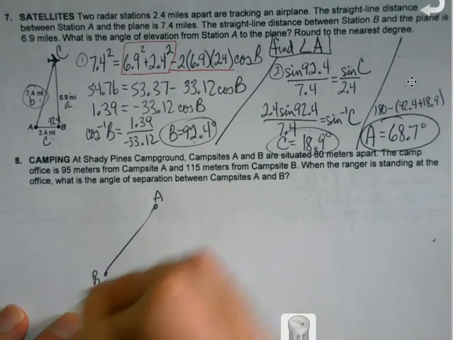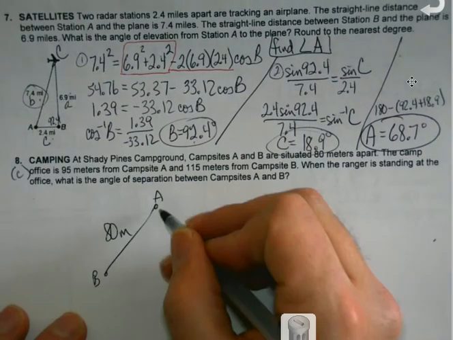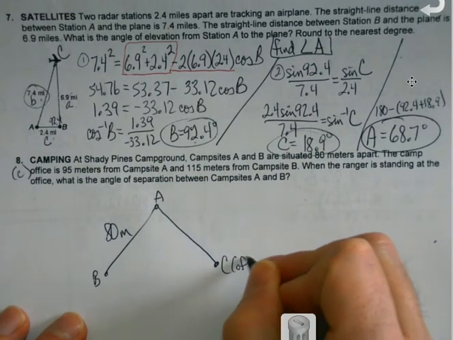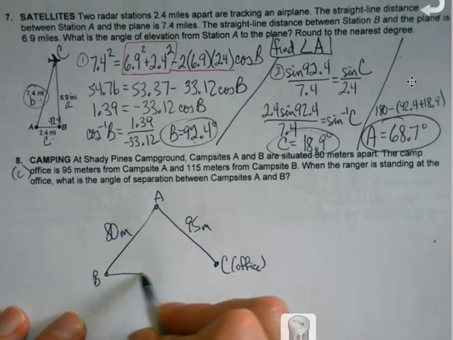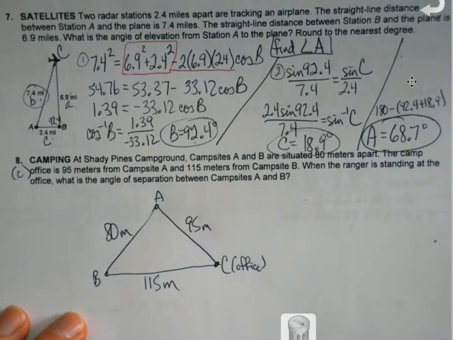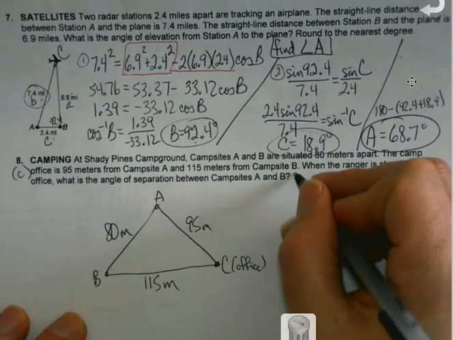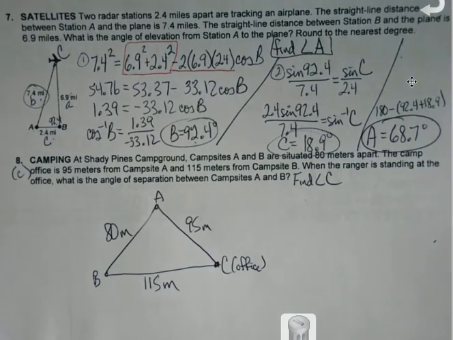The camp office, we're going to call the camp office C, is 95 meters from campsite A and 115 meters from campsite B. When the ranger is standing at the office, what is the angle of separation between campsites A and B? In other words, find angle C, or find the angle of the office.